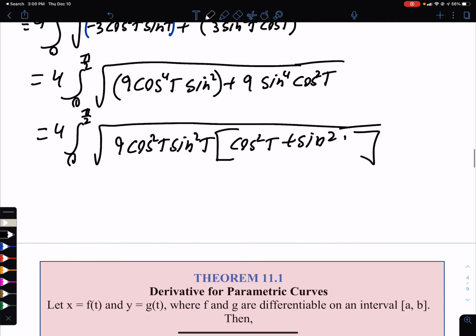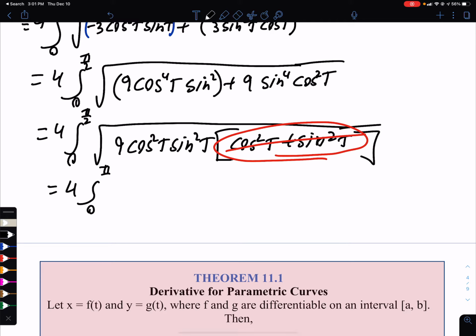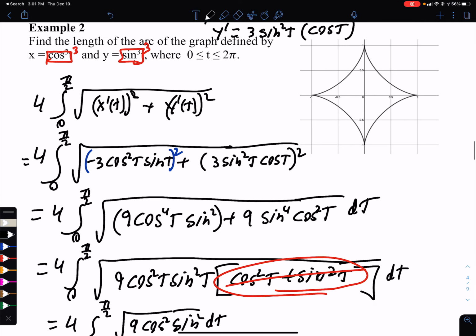And lo and behold, magic starts to happen. What's cosine squared plus sine squared? That's 1. Wow, this is beautiful. Well, we have the square root of 9 cos squared sine squared, dt. I forgot my dt on all these.